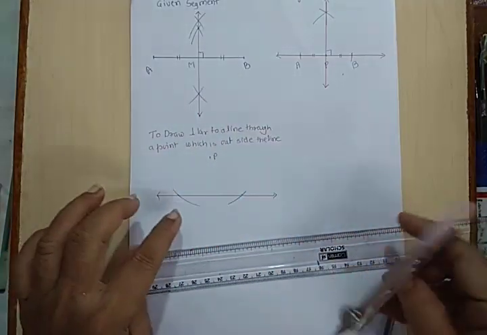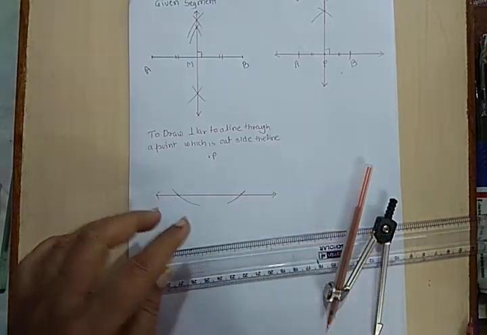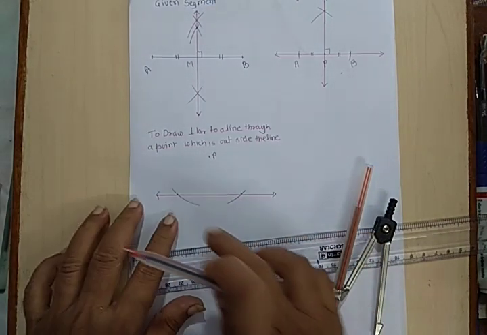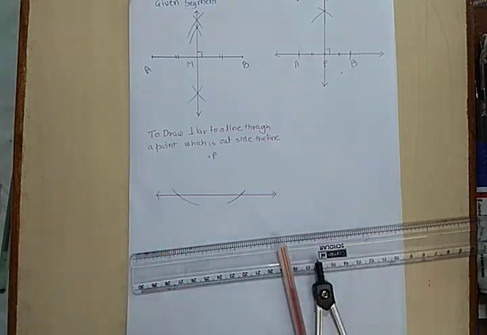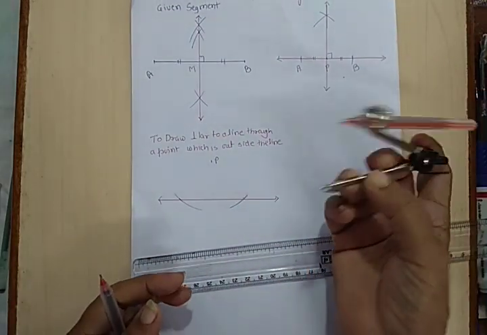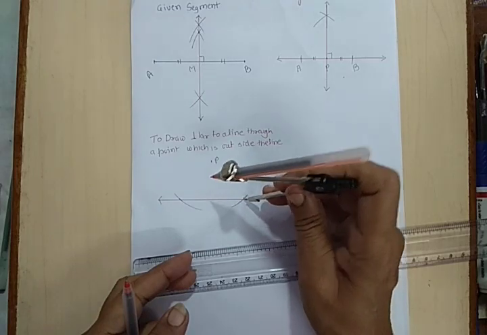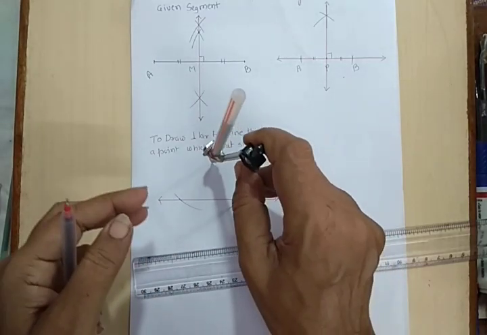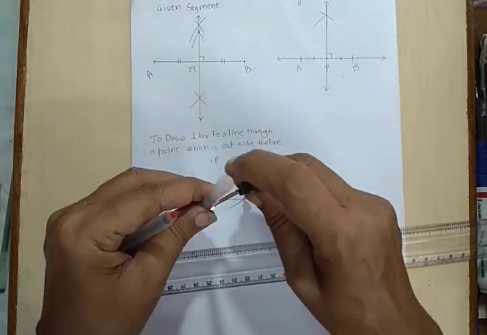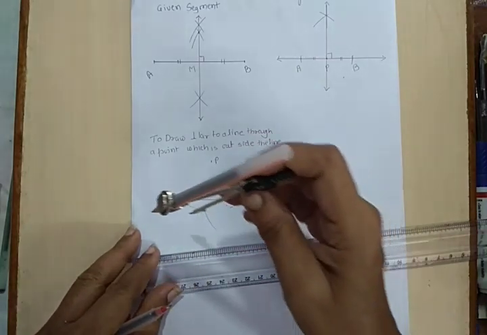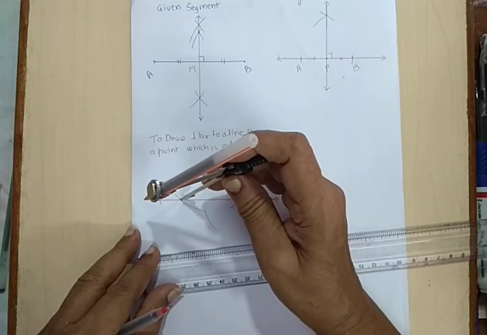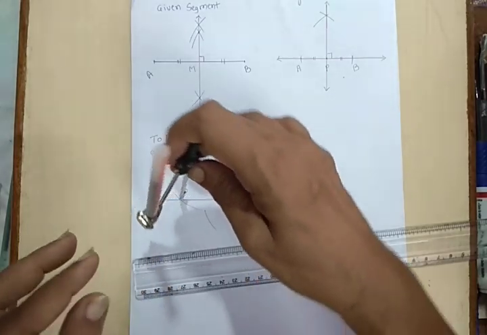Now you can see only this much part is important. So we can erase the unwanted marks. Now we can change the distance in our compasses, or we can take same distance on opposite side, whatever. But whenever the marks are like X, in that case accuracy is more.